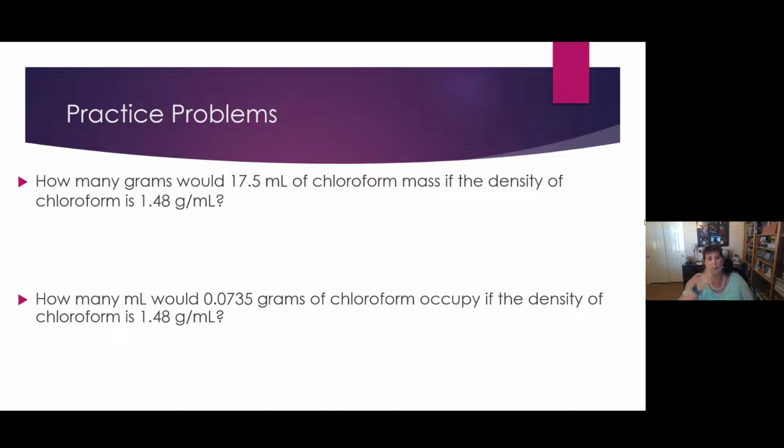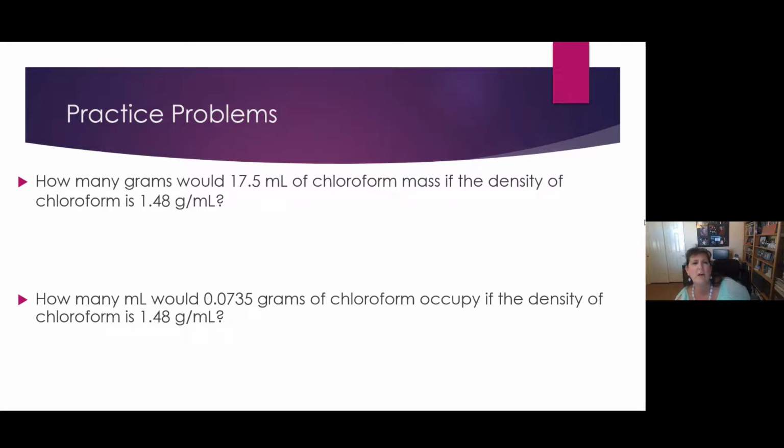All right, let's try these practice problems now. These are type 2 density problems. How many grams would 17.5 milliliters of chloroform mass if the density of chloroform is 1.48 grams per milliliter? Am I calculating density? No, it's given. 1.48 grams per milliliter, it's given. So density is given.